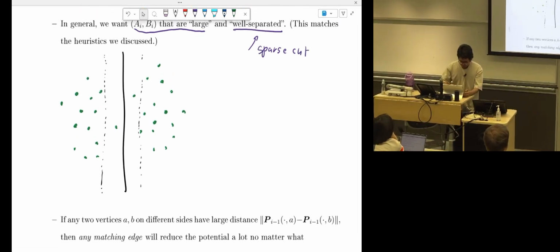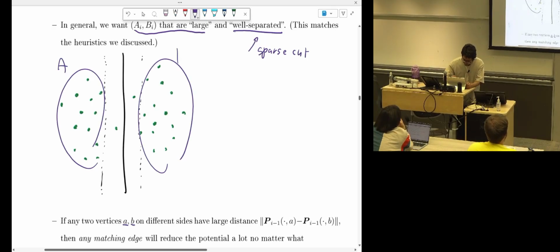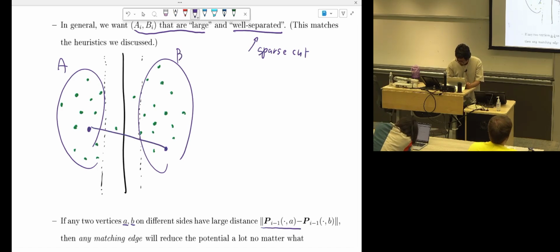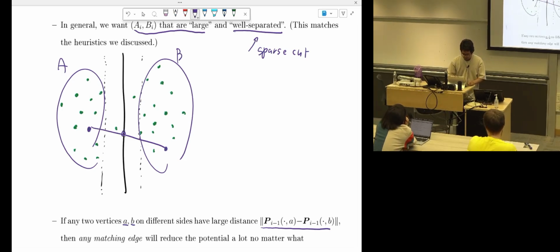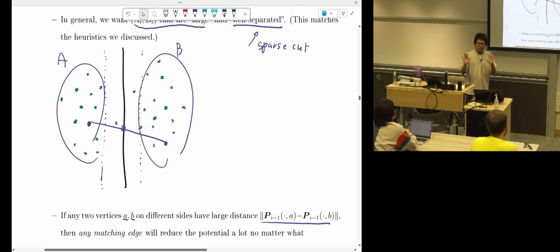So that for every vertex in A and B, let's say this is A, this is B, for any arbitrary pair, the pairwise distance between every pair in A and B is big. Okay? So they will come close together. And for any matching edge, we'll reduce the potential by a lot, no matter what, if that's the case. Okay? So that's the intuition, what we want to do.